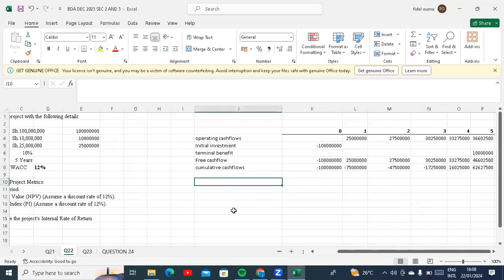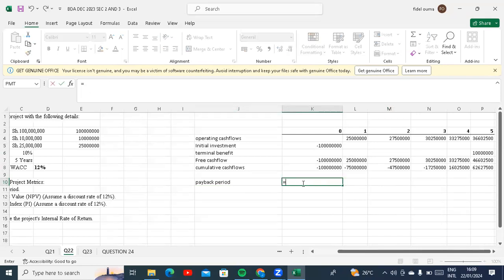So you can see. Roman 1, the payback period. This is the formula. You will use the IF function.